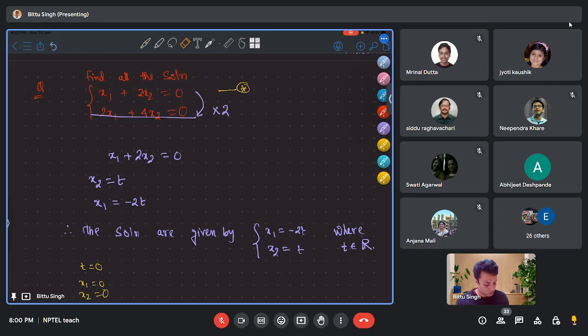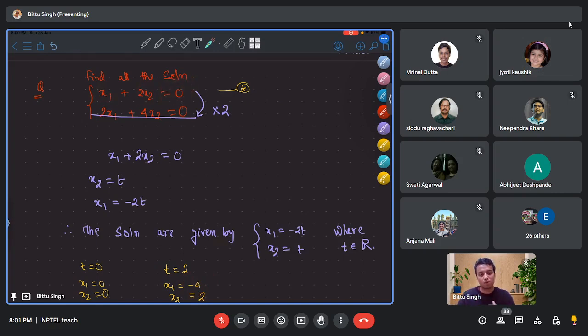For example, set t as 2, then x1 is minus 4 and x2 is 2. Putting x1 and x2 in the equation, you get minus 4 plus 4, which means 0.